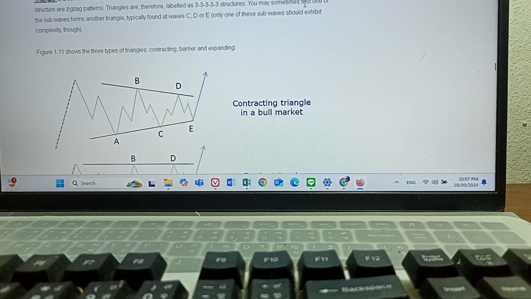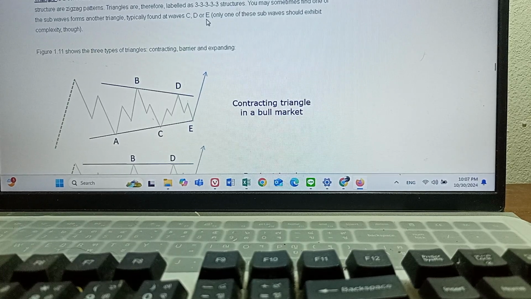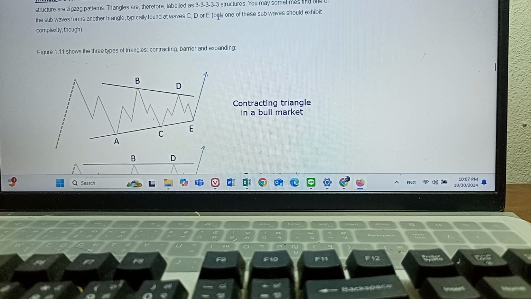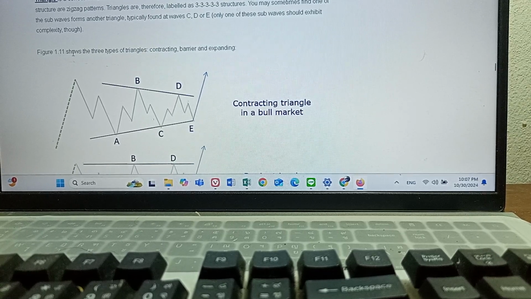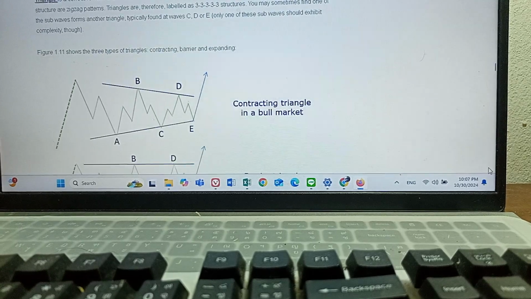You may sometimes find one of the subwaves forms another triangle, typically found at wave C, D, or E. Only one of these subwaves should exhibit complexity, though. Figure 1.11 shows the three types of triangles: contracting, barrier, and expanding.